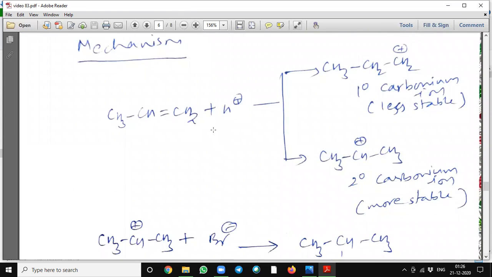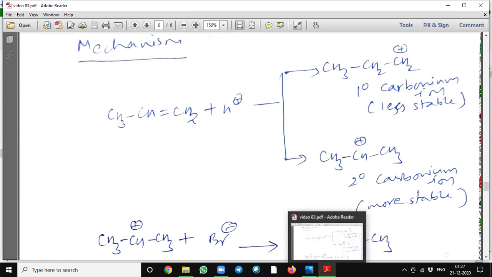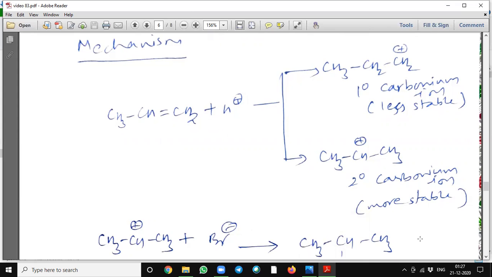Mechanism. When hydrogen is added to propene, it can form two types of carbonium ion. If it is added to carbon 2, then it will form a primary carbonium ion, which is less stable.